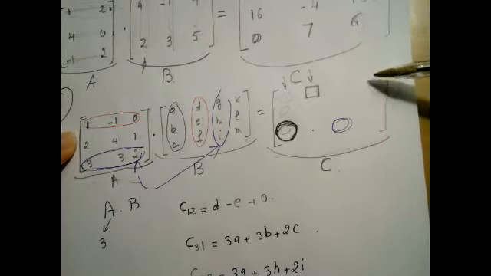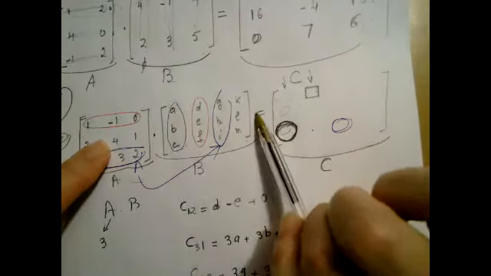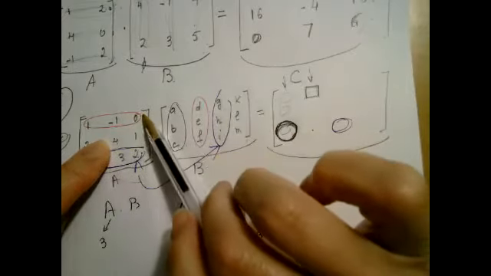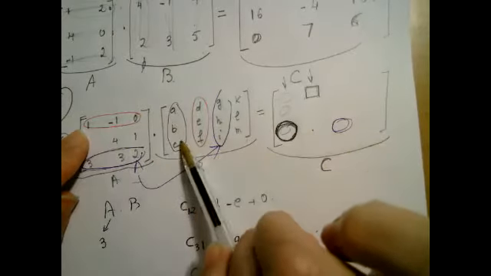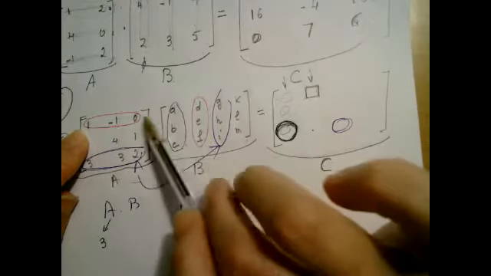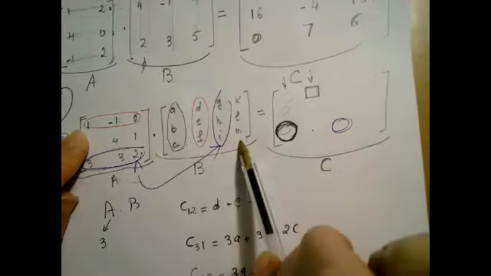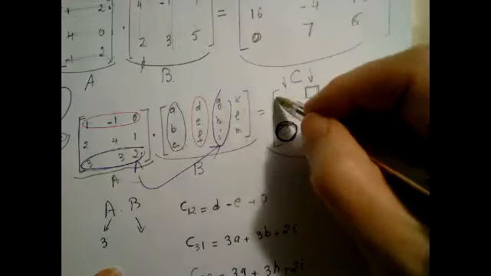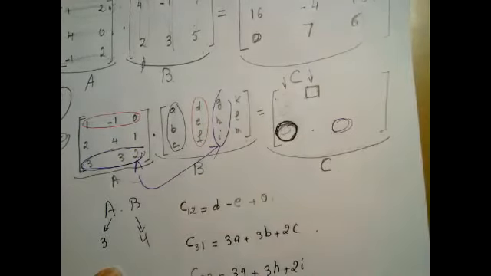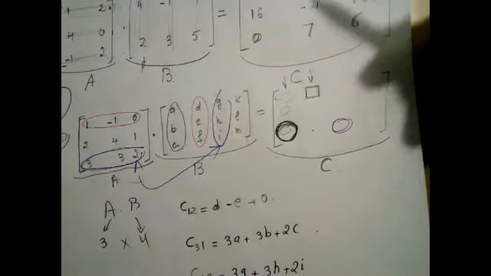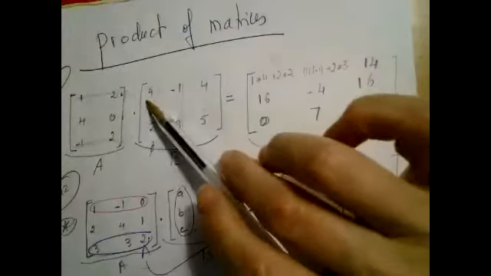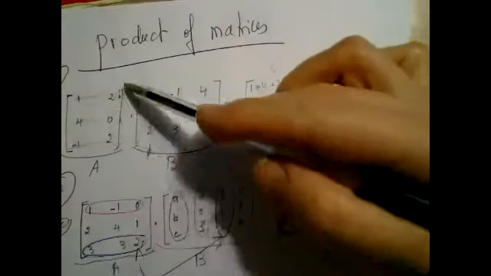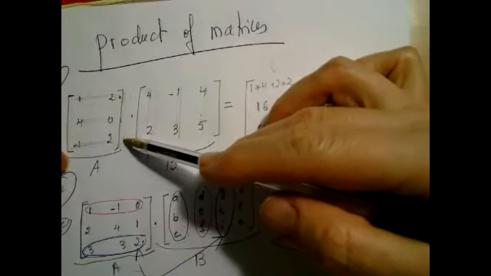Where are the columns coming from? The columns are coming from the columns of B, because I take the first row times the first column, first row, second column, third column, fourth column. So the number of columns of A times B is going to be exactly the number of columns of B, which is 4 in this case, so it's going to be 3 by 4. The number of columns depends on B. The number of rows depends on A.